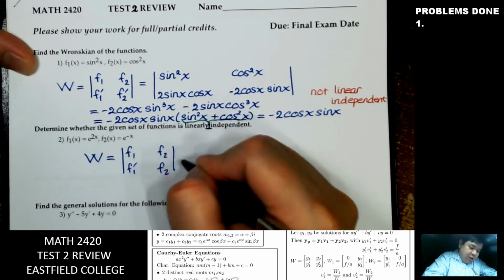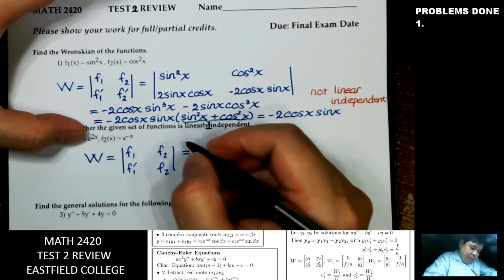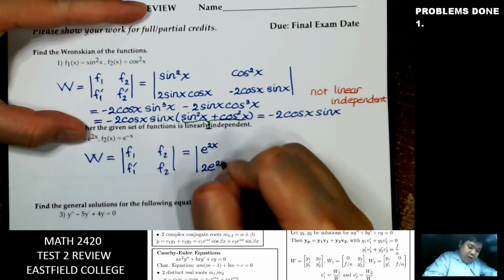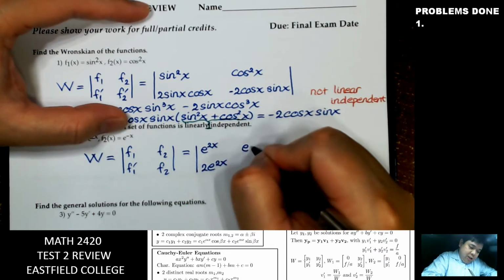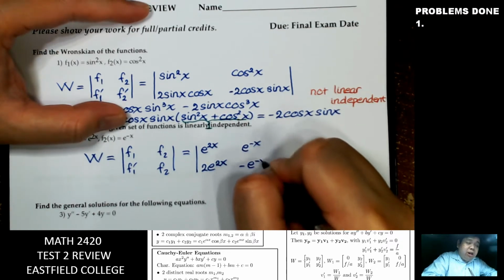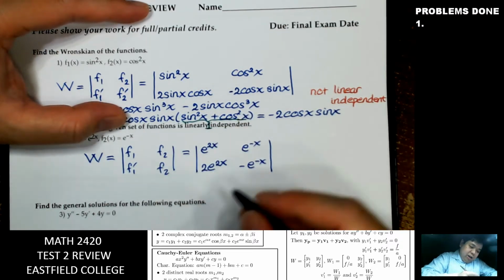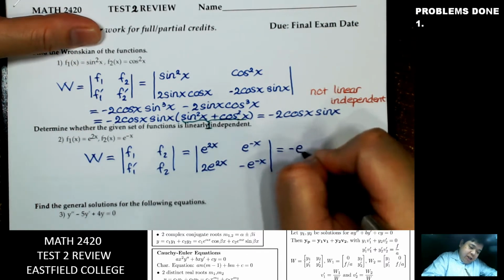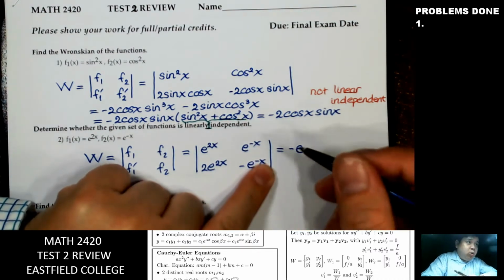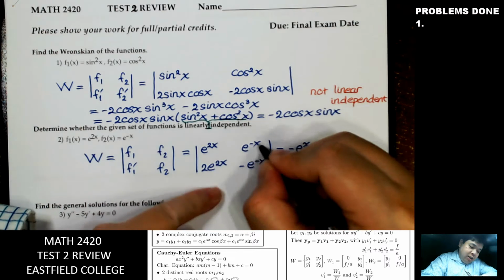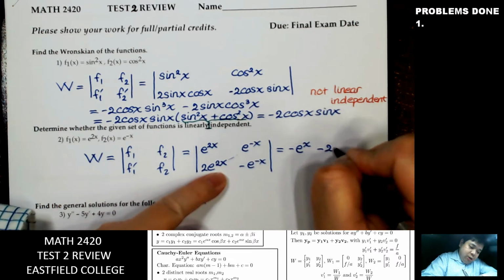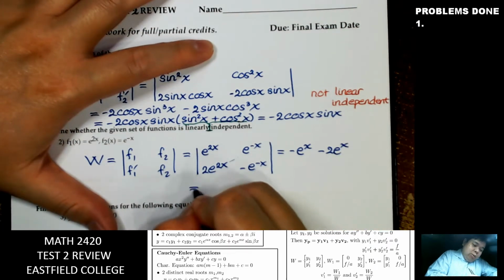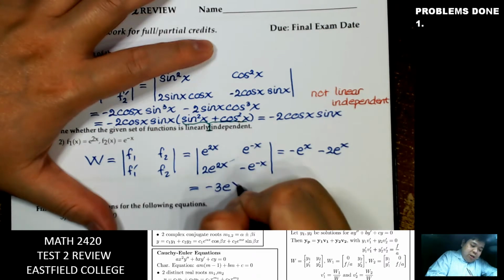So Wronskian: e to the 2x, 2 e to the 2x, e to the negative x, negative e to the negative x. Determinant 2 by 2, so we have negative e to the 2x minus x, that will be e to the x, minus 2 e to the x minus x, so another e to the x, so we end up with negative 3 e to the x.